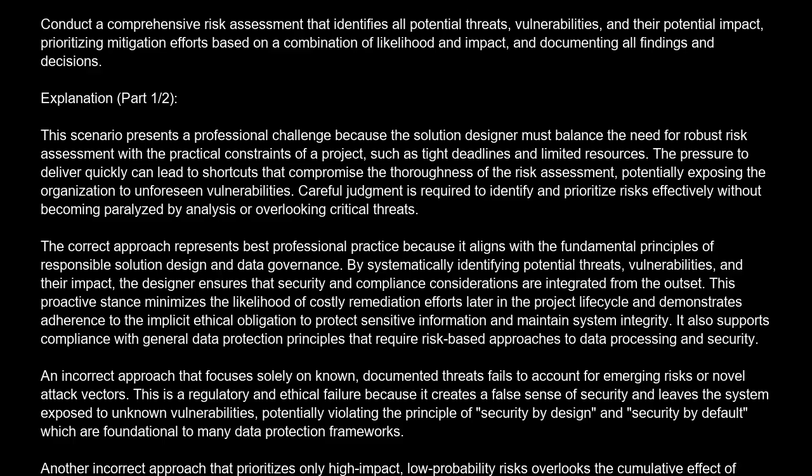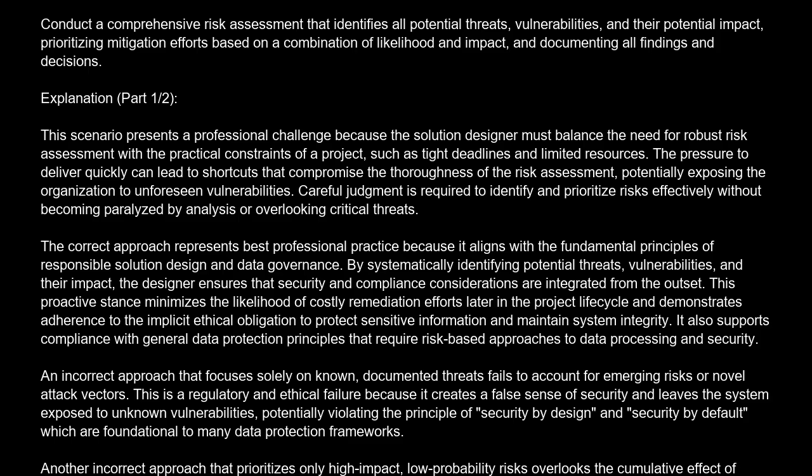Correct answer is B. Conduct a comprehensive risk assessment that identifies all potential threats, vulnerabilities, and their potential impact, prioritizing mitigation efforts based on a combination of likelihood and impact, and documenting all findings and decisions. Explanation. This scenario presents a professional challenge because the solution designer must balance the need for robust risk assessment with the practical constraints of the project, such as tight deadlines and limited resources.